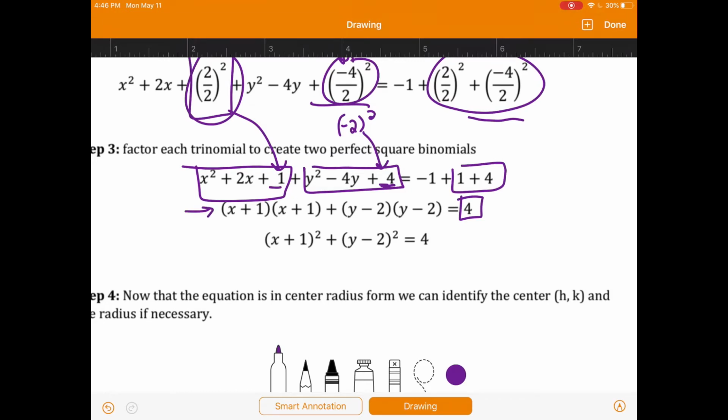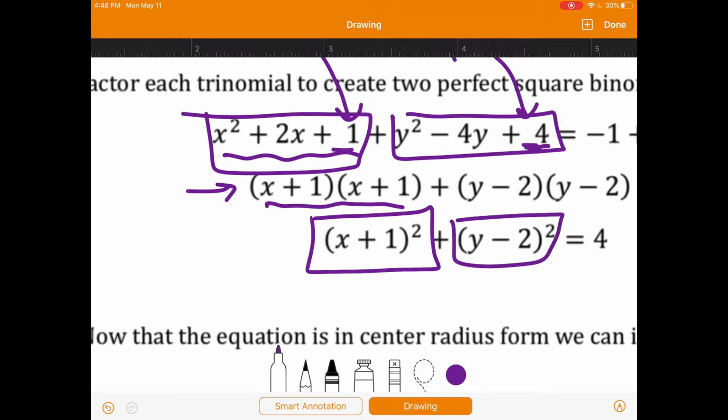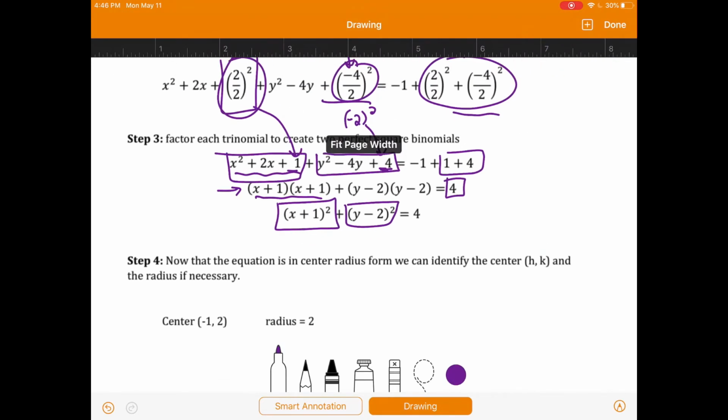And then on this side, you can even skip this part right here, because if you see this and you factor it and get this, it's always going to end up being something like this, where you're going to have x plus or minus something, squared, and then y plus or minus something, squared.